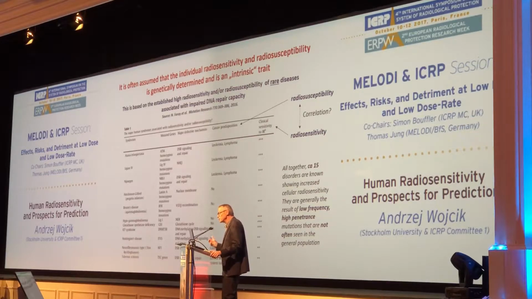And the reason why we assume this, and you often hear that people are differentially radiosensitive, is that we know that there are approximately 15 known diseases where people who have these diseases are radiosensitive, and you have a list of these diseases here.